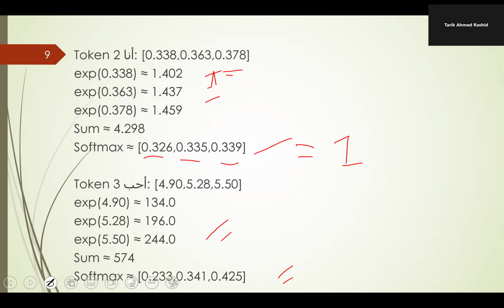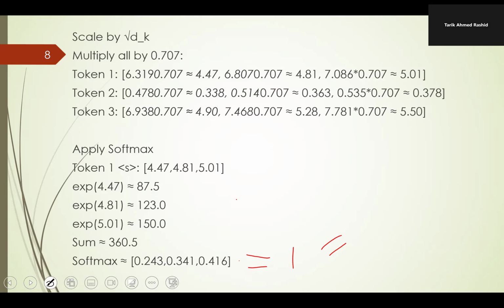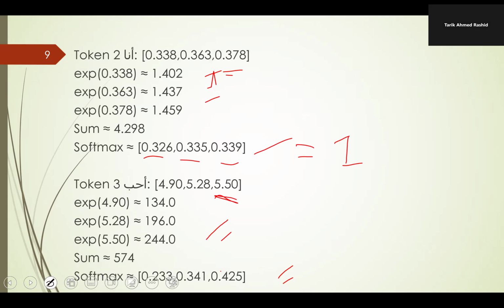And for the third one, for token 3, this is the highest, so Ahab attends to itself mostly. And for the start token, we can see the highest is this one, 4.6. So start attends to the Ahab word token.